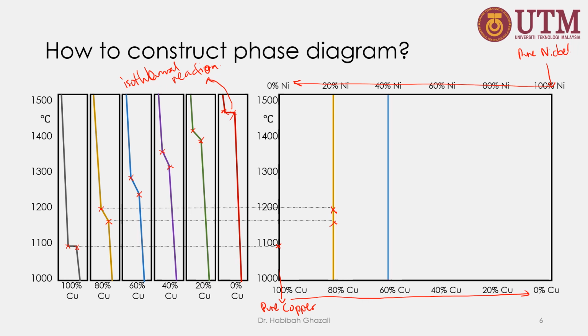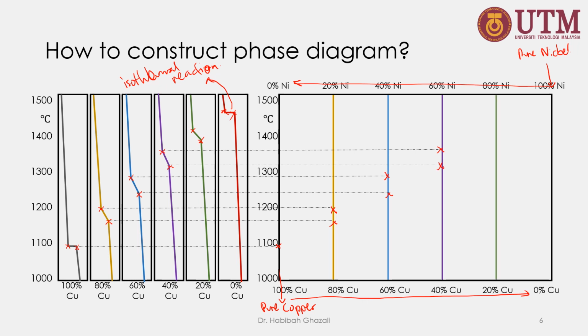And they repeat the same thing with 40% of nickel. It will begin at this point here and end at this point. Repeat the same thing for 60% of nickel. The alloy begins to solidify at that temperature and at this temperature here.